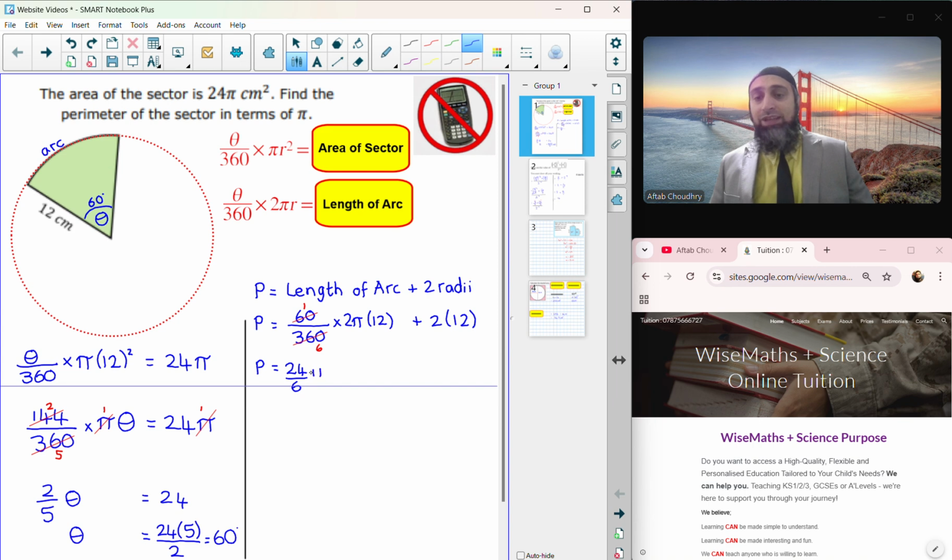We leave the pi there, plus 2 times the 12, which happens to be 24. Let's tidy all of that up. 24 divided by 6 equals 4 pi, plus an additional 24. All of this is measured in centimeters because that's what we're dealing with.